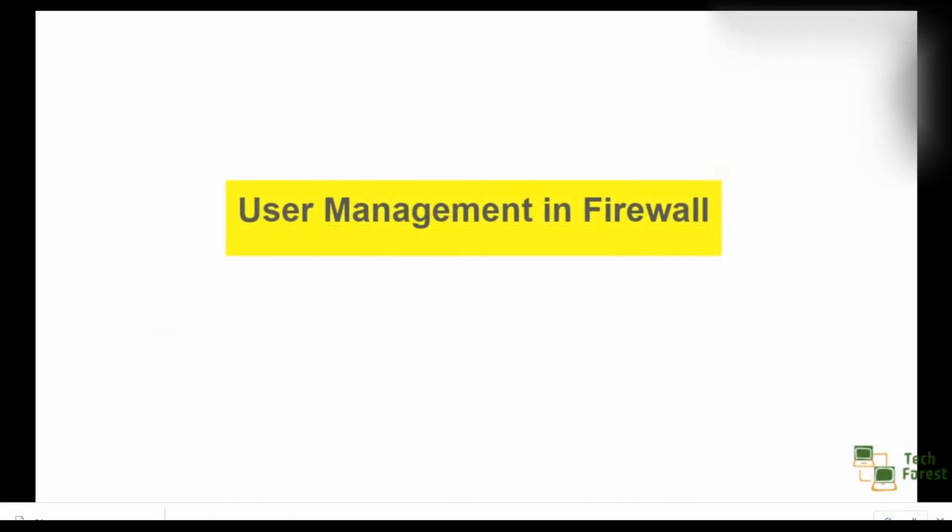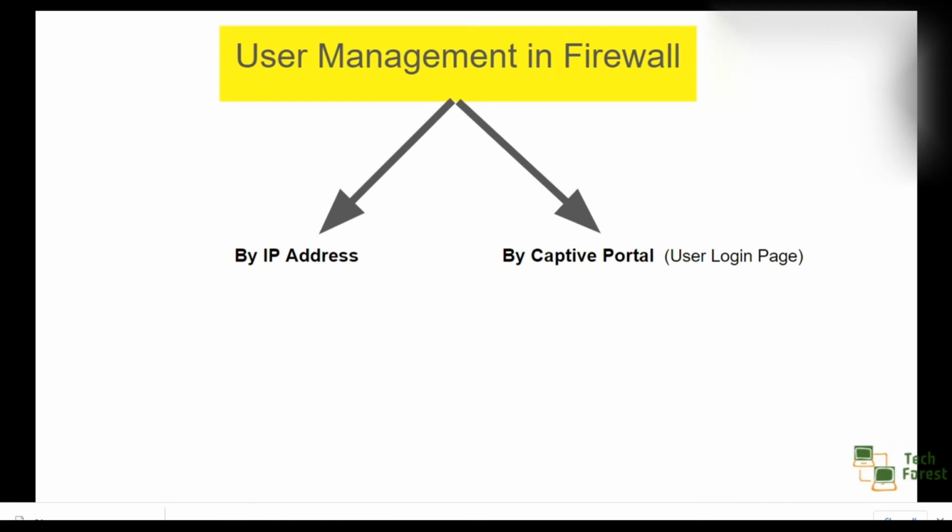We can manage users by IP, means we can assign a static IP to all computers and keep a list with us, and from the firewall we can implement access rights of every IP address. Same as we did in our example, like we blocked some websites for specific IPs.